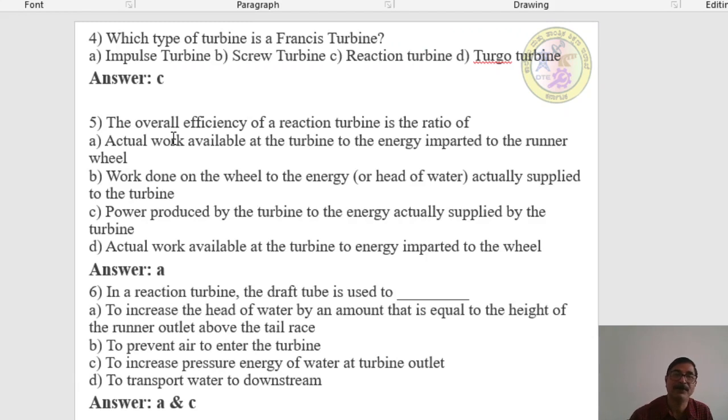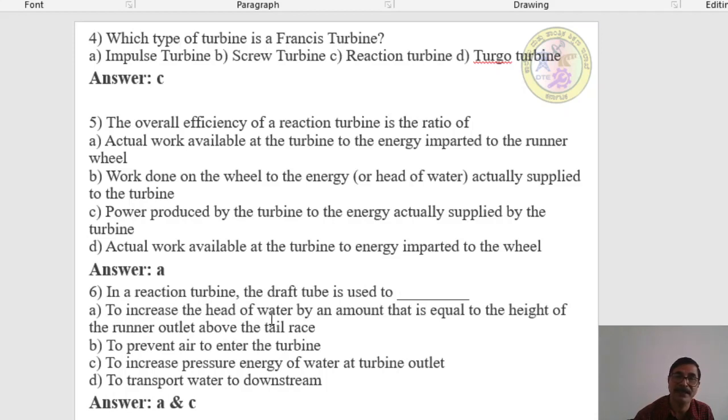Question number 5: the overall efficiency of the reaction turbine is the ratio of what? First one is actual work available at the turbine to the energy imparted to the runner wheel. This is correct. Next, sixth question: in a reaction turbine, the draft tube is used to dash.